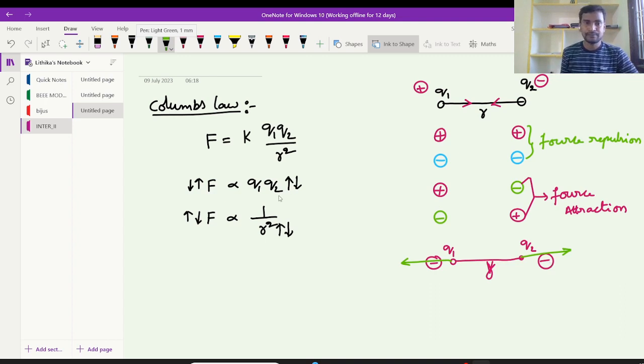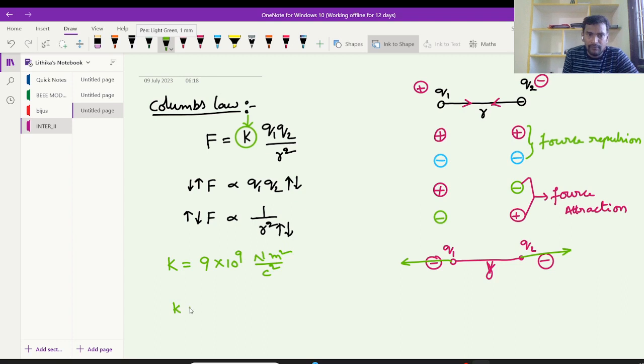Now, what is the value of this k? The k will be given by 9 into 10 to the power of 9 Newton meter square per coulomb square. How did we get these units for k? What you do is bring all the remaining things except k to the left side.